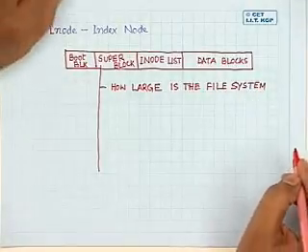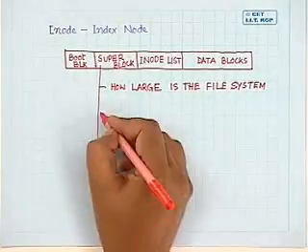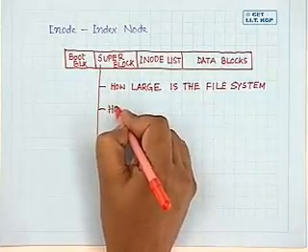This information is contained in the super block. Similarly, how many files the file system can store.